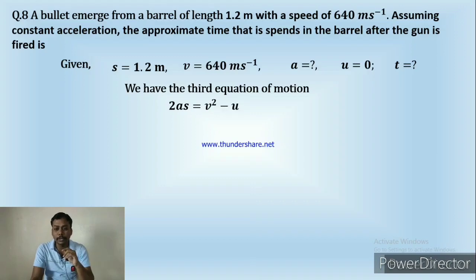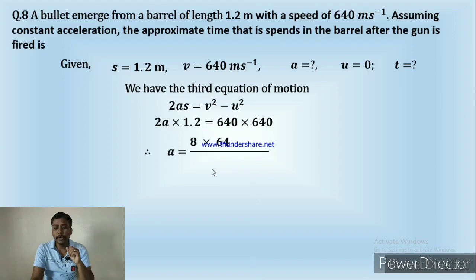So put the values. 2a into 1.2 is equal to 640 into 640, because v² is there, and u is 0, so u² is 0. From this a is equal to 8 into 64 into 10³, rearranged upon 3, and the value of a is given here.